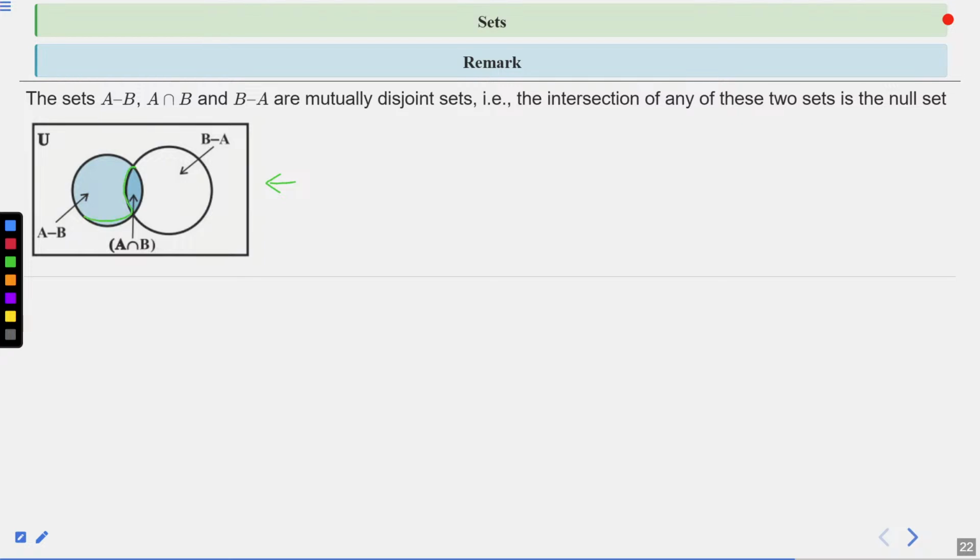This light blue shaded part represents your A difference B set, A minus B. This middle part, the common part, is represented by A intersection B. And this leftover part is the difference of B and A, B minus A. And you can easily observe that we have no common elements to all these three regions. Clear?